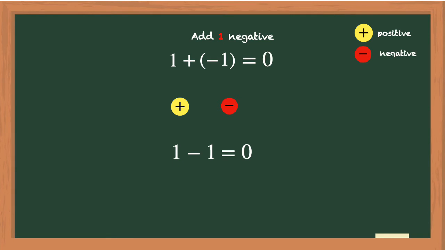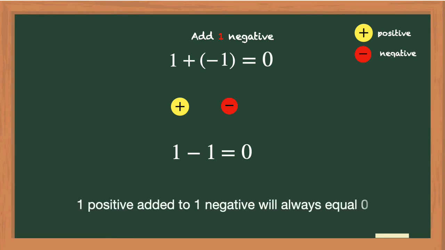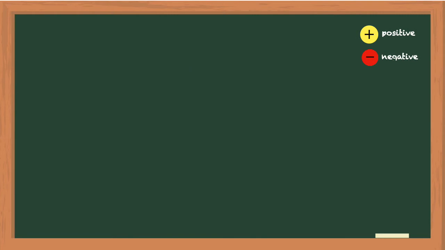So from this example, you can see that a positive counter paired with a negative 1 will give you a value of 0. Basically, they just cancel each other out. And for this reason, this positive-negative pair has a special name called a zero pair. I'm going to show you how to manage these zero pairs in the next expression.